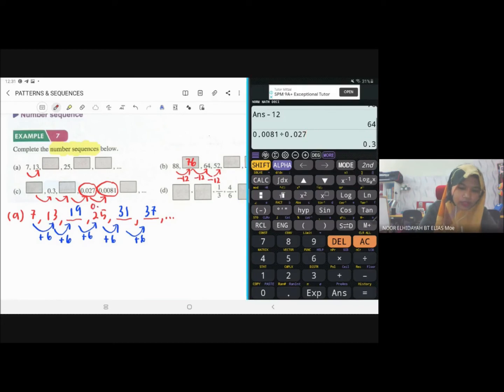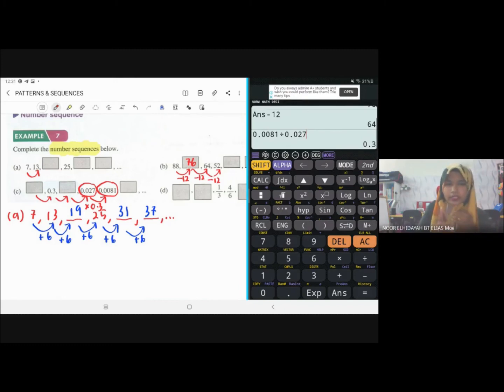Tapi is it multiplication or division? Tadi saya buat backward from 0.081 nak dapatkan 0.027. So masa saya buat backward is multiplication. So nak dapatkan semula ke hadapan itu, dia akan jadi multiply. So multiply 0.3. Maksudnya pattern ni 0.3.